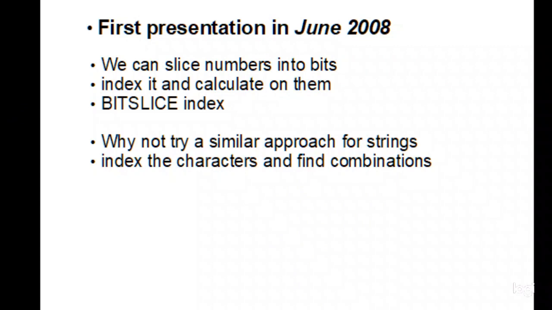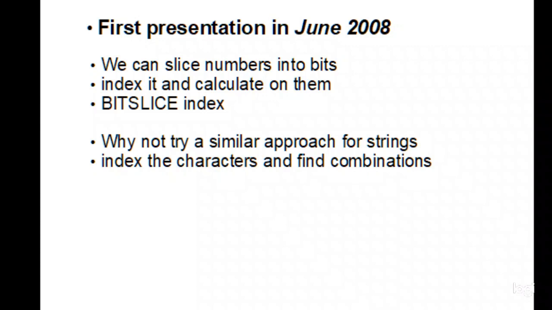The first presentation of this idea of a character slice index happened in June 2008, which is quite some time back. It was a reaction to the fact that with the introduction of bitmaps and a bit slice index, there was the idea that we can slice numbers into bits, index them, and calculate with them.